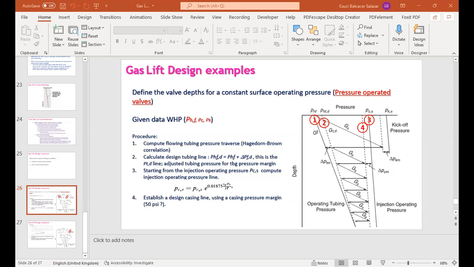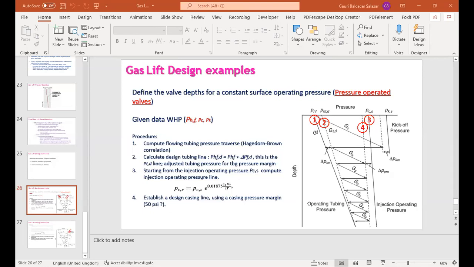Under this condition, the injection gas lift is the standard cubic feet minus what is produced from the reservoir. So the required gas injection based on this number, at the optimum rate right here, is 1,007,775 standard cubic feet per day.